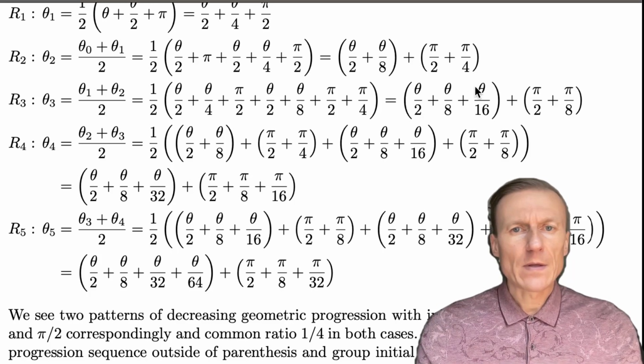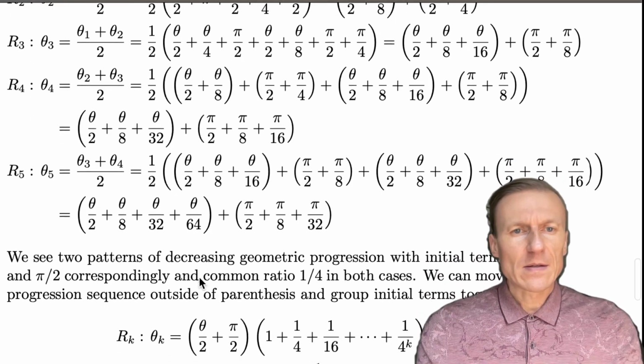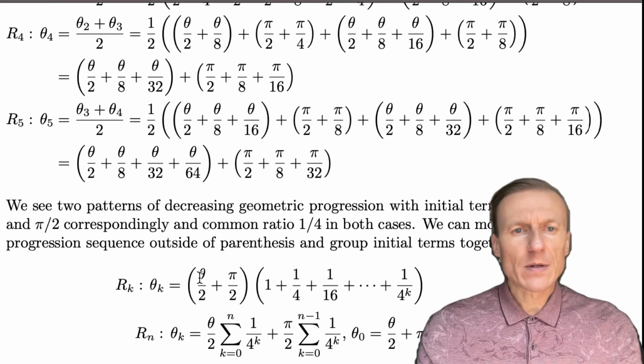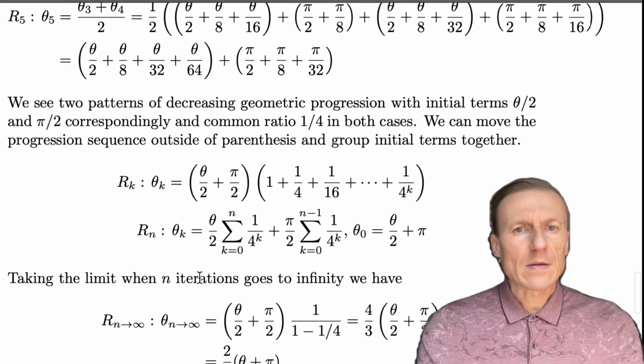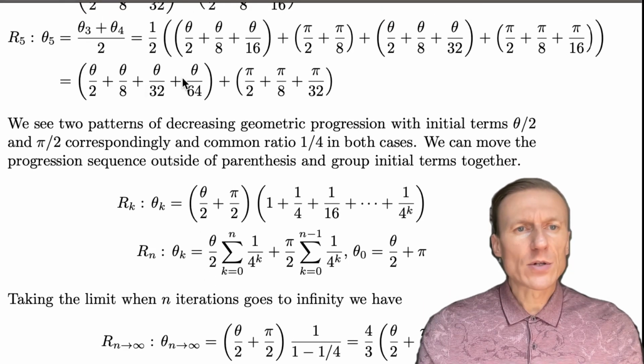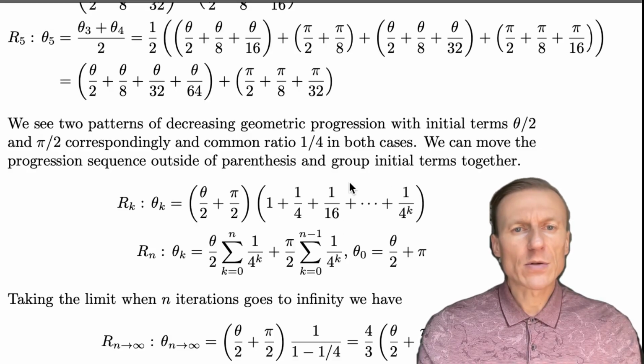Each sequence grows by one term each time, and this will be two geometric progressions. If we move the initial term of both progressions outside the parentheses, we see that the remaining part of the progression coincides.